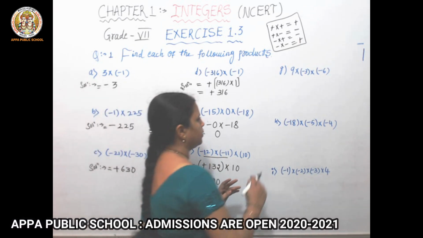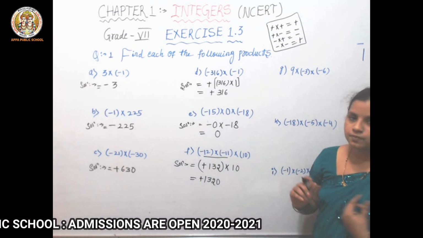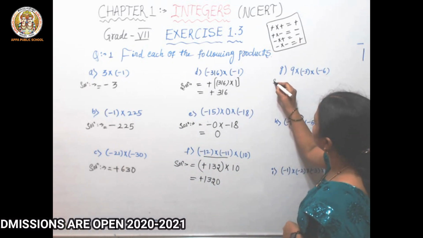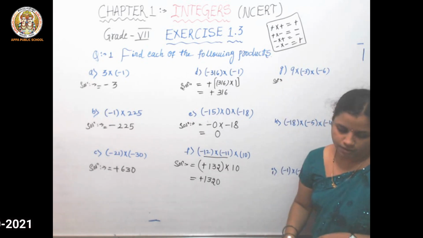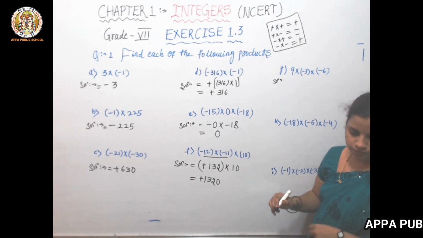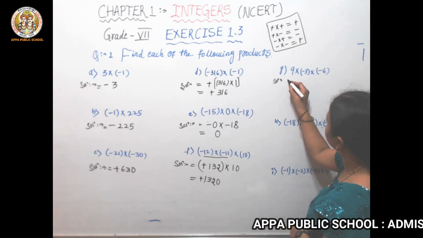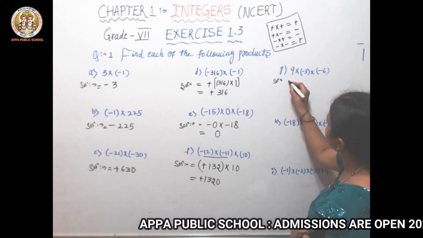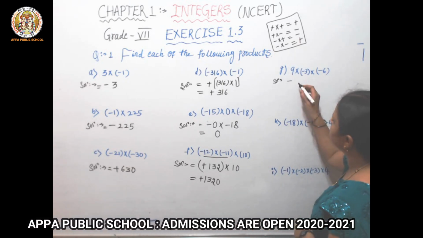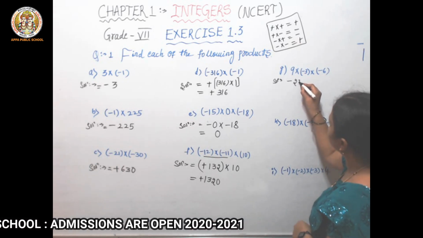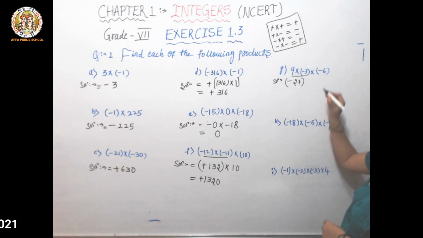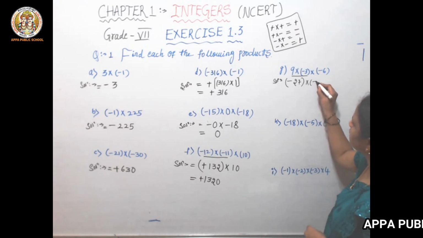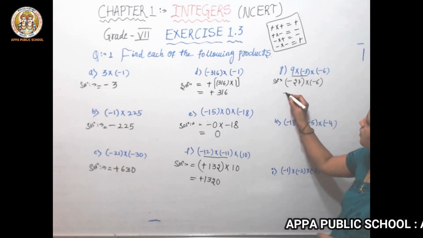The next one, here G. See. Plus into minus is minus, 9 3s are 27. Multiplying first these two numbers and again this number as it is minus 6.